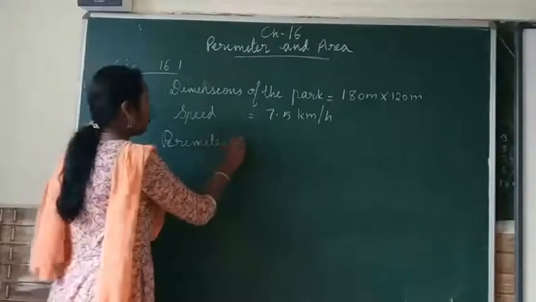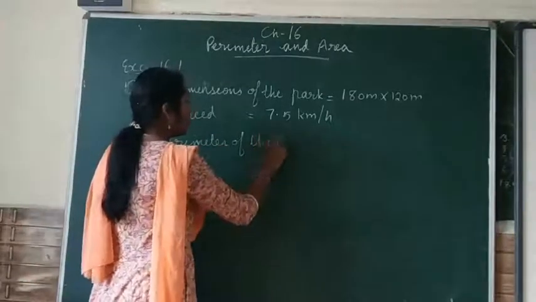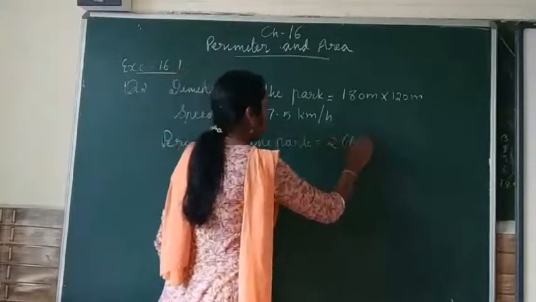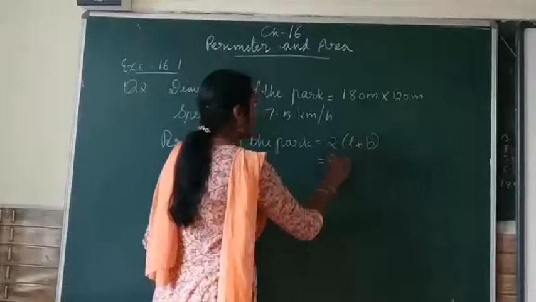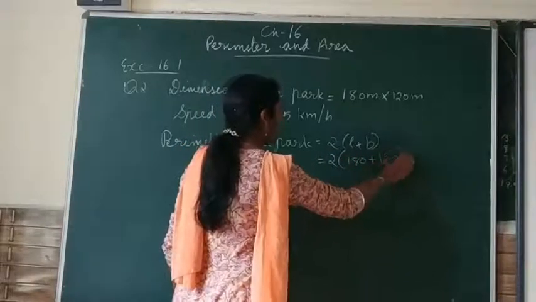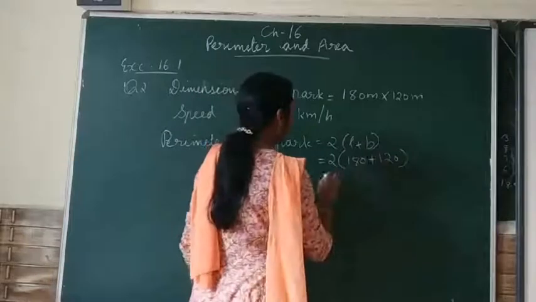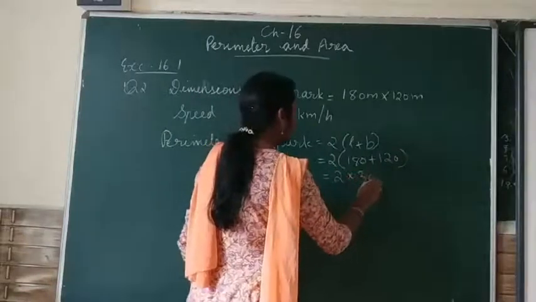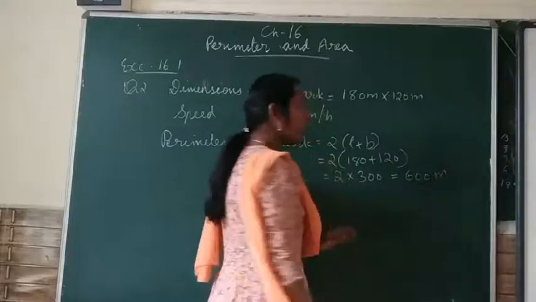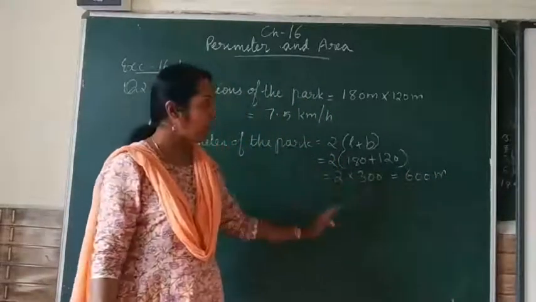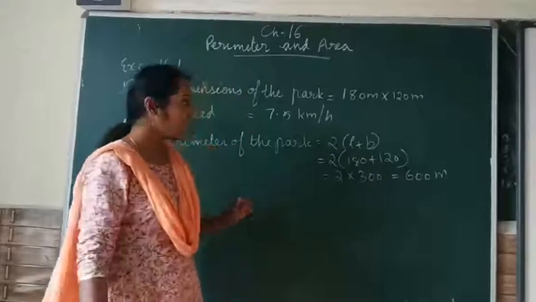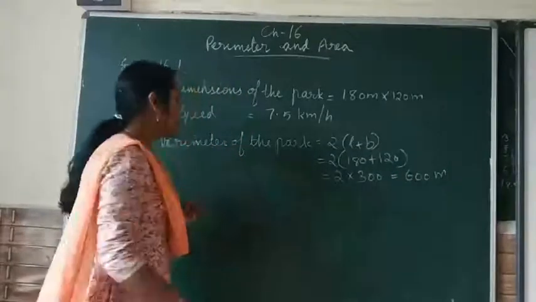Perimeter of the park is equal to 2 into (L plus B), that is 2 into (180 plus 120), is equal to 2 into 300, that is equal to 600 meter. So in 1 round she covers 600 meter. Like that she takes 5 rounds. So the distance to be covered in 5 rounds we have to find out.